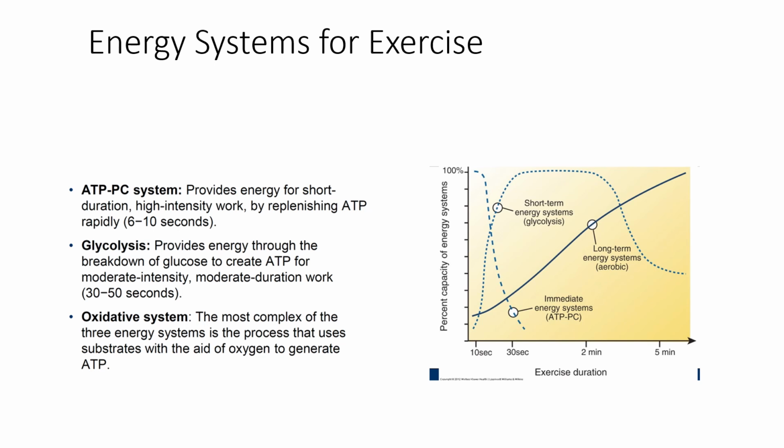So the anaerobic or glycolytic system is anaerobic by nature, again, meaning it does not require oxygen, and it provides energy for activities lasting from a few seconds to a few minutes. It primarily relies on the breakdown of glucose stored in the muscles as glycogen or glucose circulating in the bloodstream. The process known as glycolysis involves the breakdown of glucose to produce ATP.